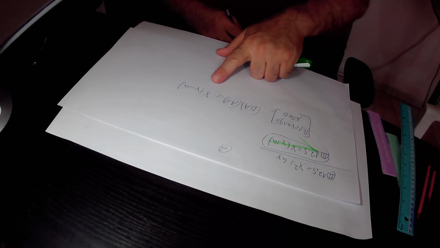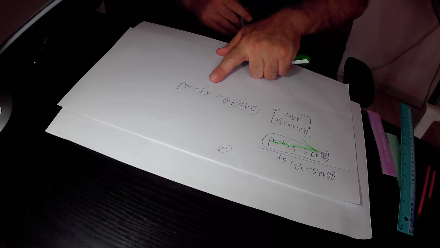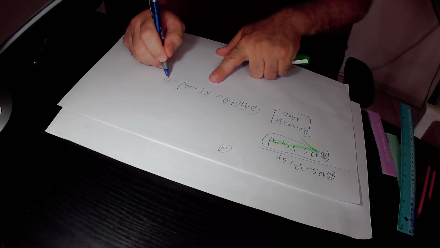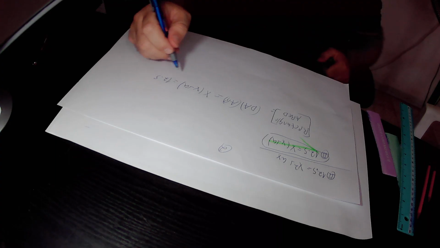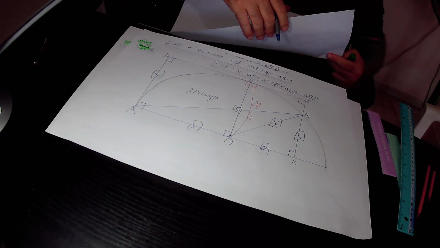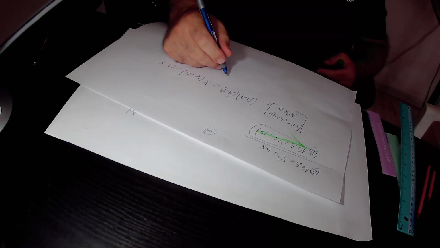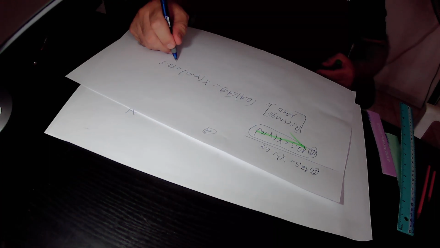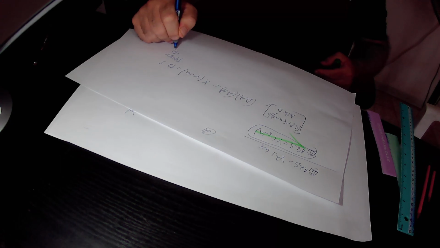So the area we are looking for in this question, the area of rectangle ABCD, is equal to 12.5 square units. That is the answer to the question.